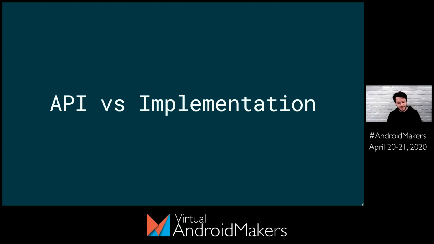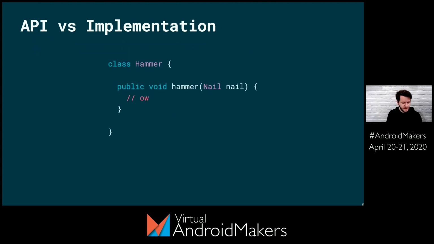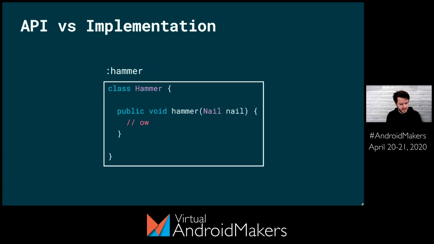Now API implementation is probably not a new concept, but you can enforce this at a project level in a way that gets you a lot of benefits. So let's look back at our hammer here. Right now it's under, say, a Hammer project. And we might have other projects that use Hammer and nail APIs under the hood.